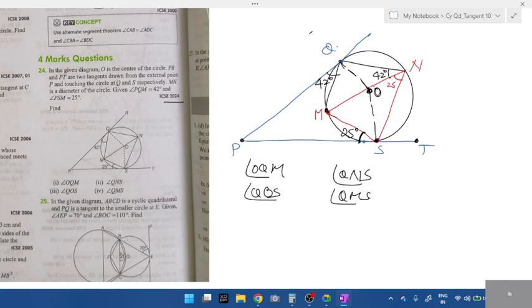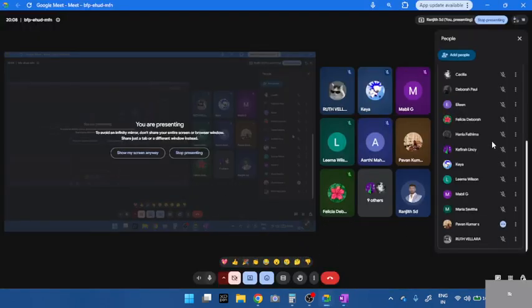This is a 4 mark one. Okay, shall I explain? Amy done, Bhargavi, what about these students? Angel, try. Anya, Angel.